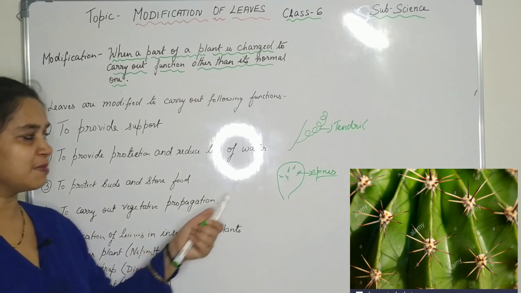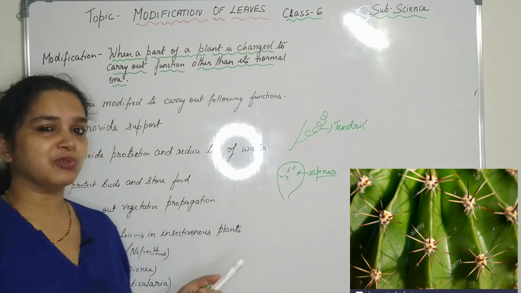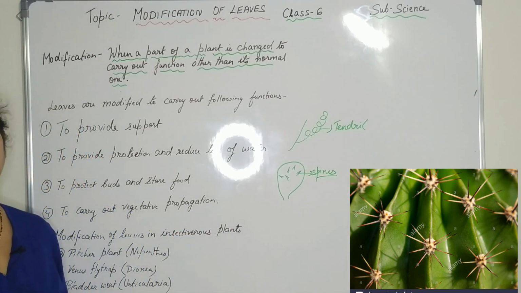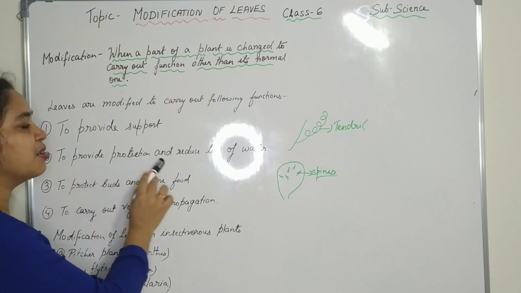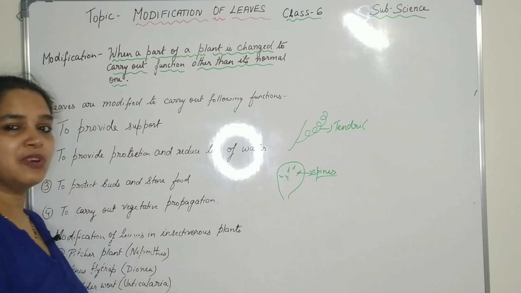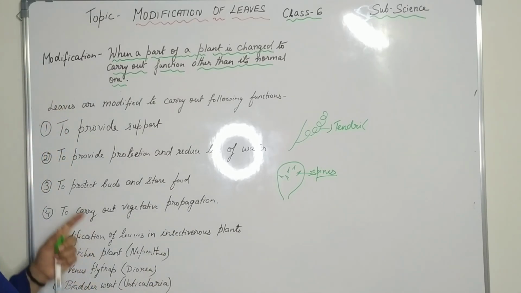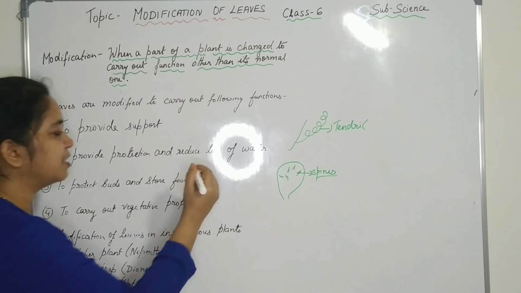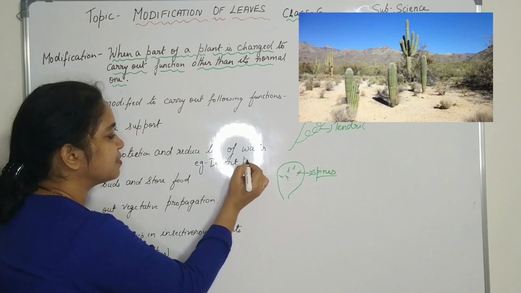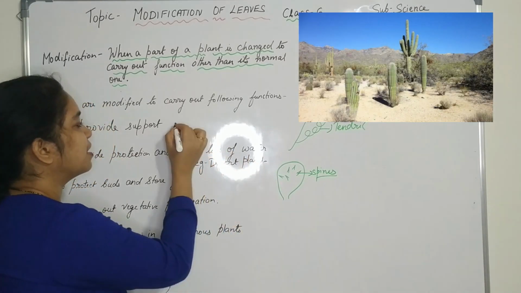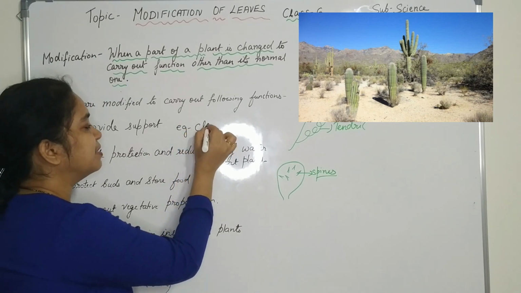Also, these spines are thorny structures, so they prevent the plant from being eaten by animals. So these provide protection and also reduce the loss of water. These are generally found in desert plants. Example, desert plants. Example, climbers.